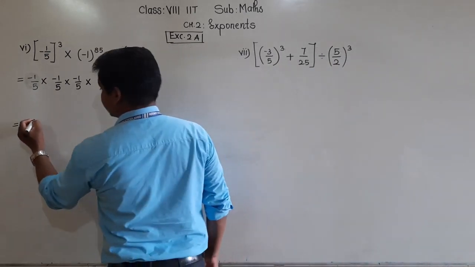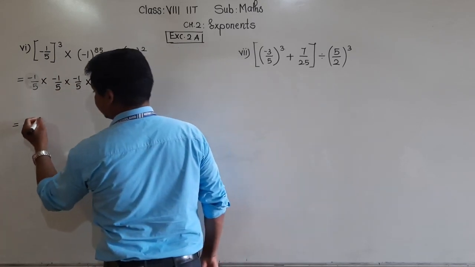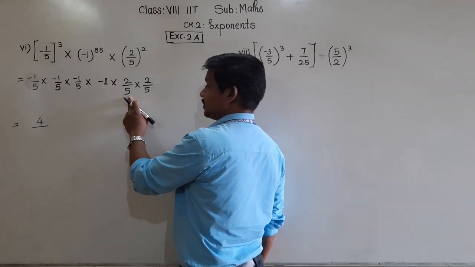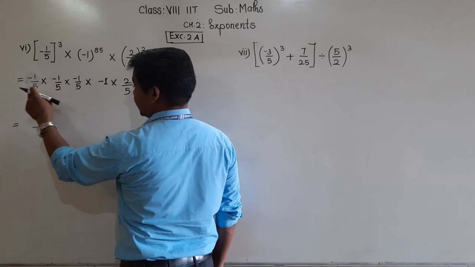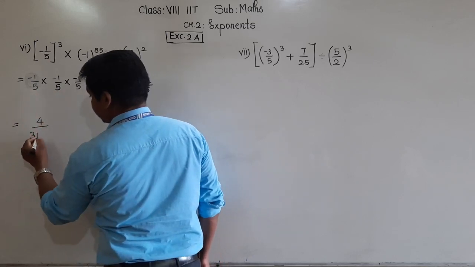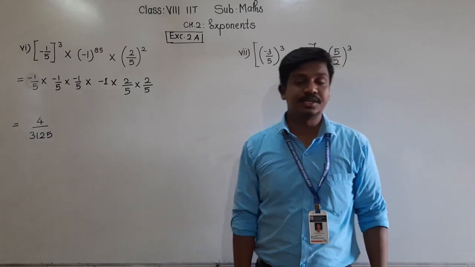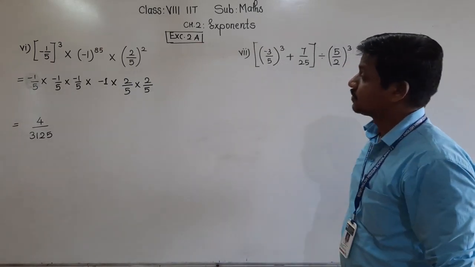Positive 1. So that will be 1 into 2 into 2, that is 4, upon 5 5s are 25, 25 5s are 125, into 5 625, into 5 3125. So the answer is 4 upon 3125. Understood? It's very simple.